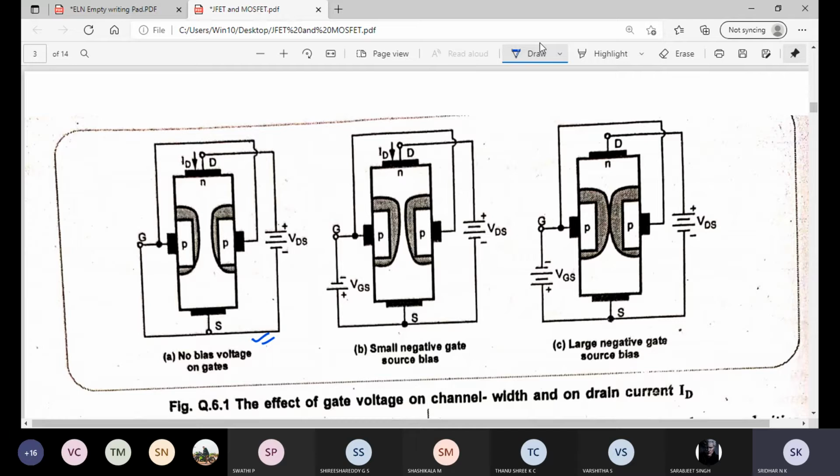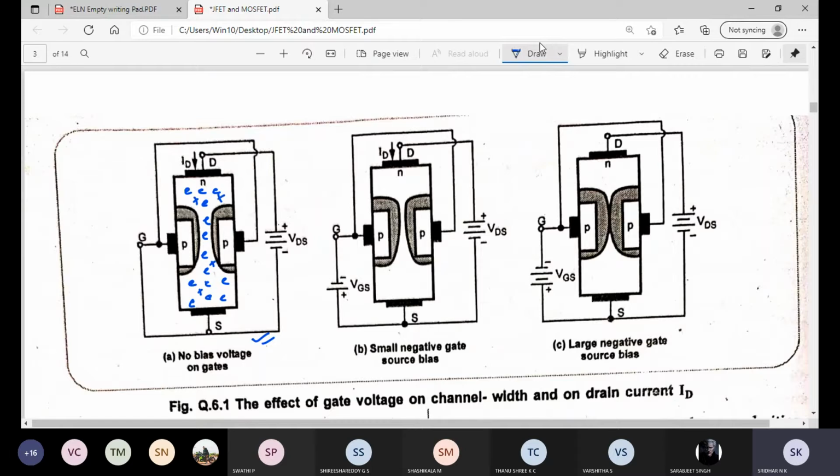What are the majority charge carriers in N-type semiconductor? Electrons. Yes. So the majority charge carriers are electrons in N-type semiconductor, and holes are very few. That is, minority charge carriers, holes, will be there here and there.